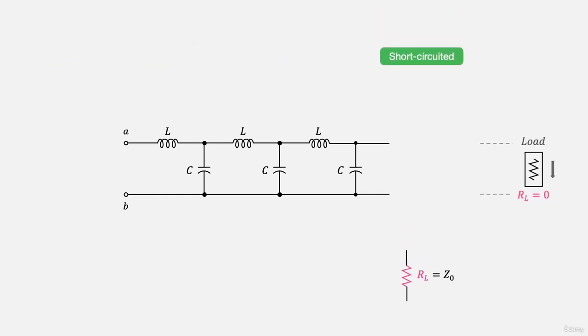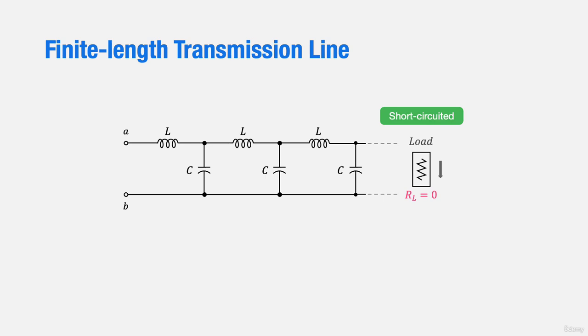In the case of a short terminated line, there is no voltage at the terminal, which also means that there is no voltage at the output endpoint because it is directly grounded. The voltage wave is shorted when it hits the endpoint.